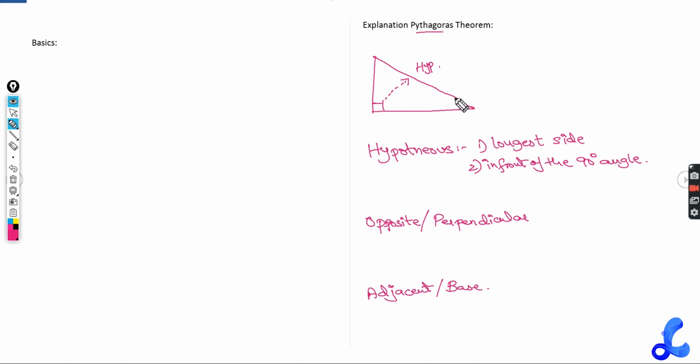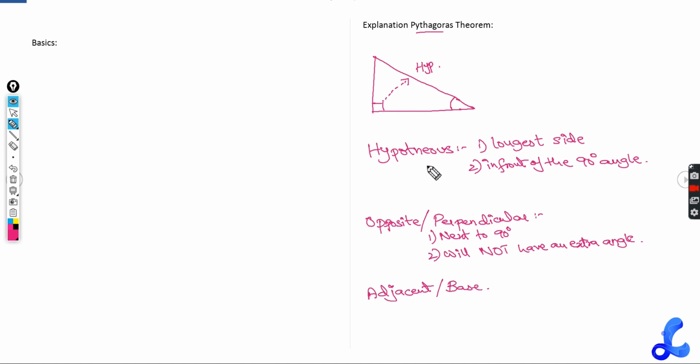Then there would be an extra angle given to you. A lot of times this angle is given to you, a lot of times this angle is not given to you, but I'll just give you an example if this angle is given to you or not. So now your opposite or perpendicular would be the side next to the 90-degree angle, and number two, will not have an extra angle.